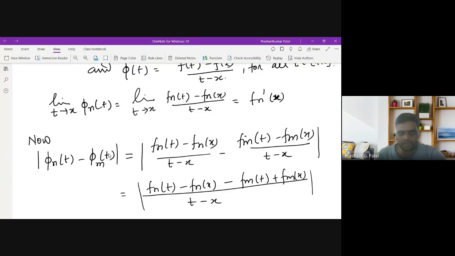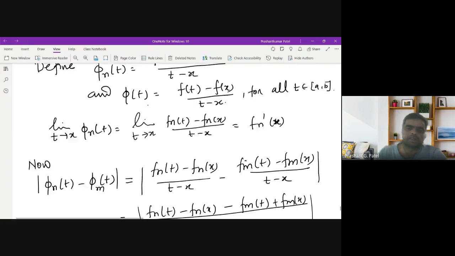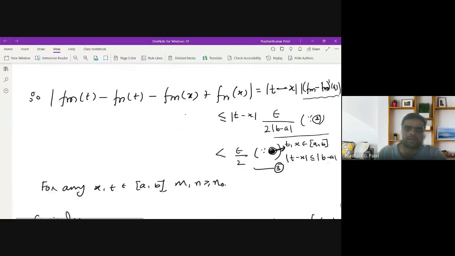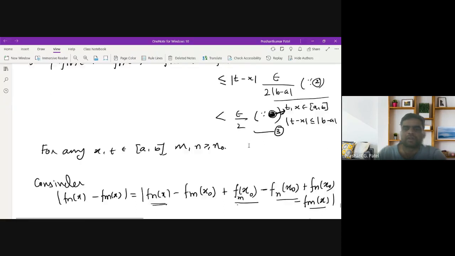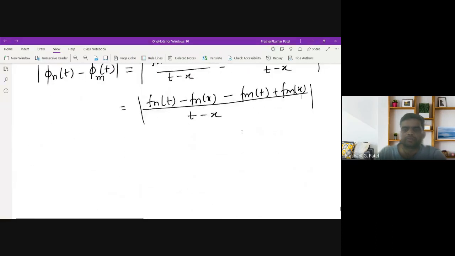And using statement 3, this is less than epsilon by 2 into (b minus a), which we have adjusted for this 1 upon t minus x.